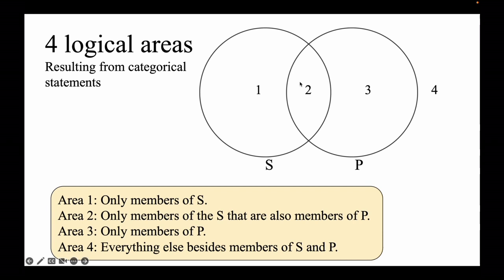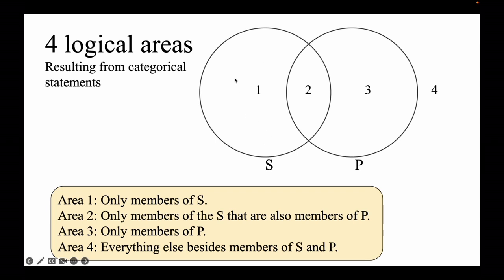The first area, we call logical area 1, contains only members of S. So if S, the subject, is bananas, and the predicate is yellow, area 1 contains all the S, but which S?